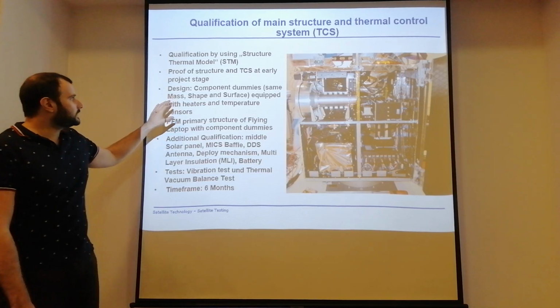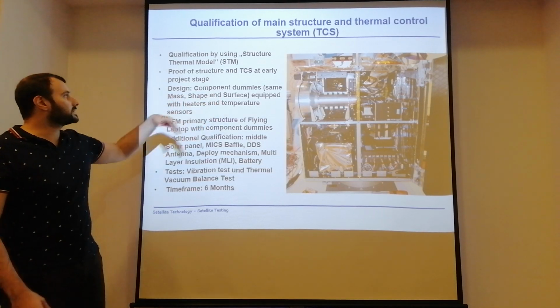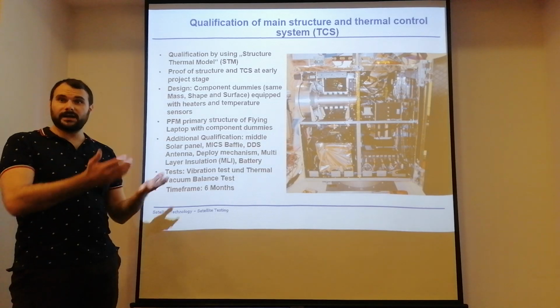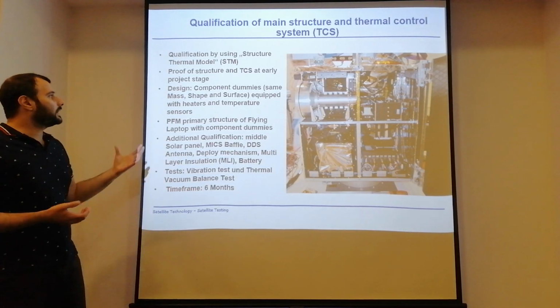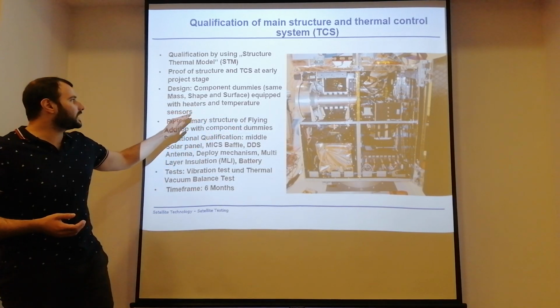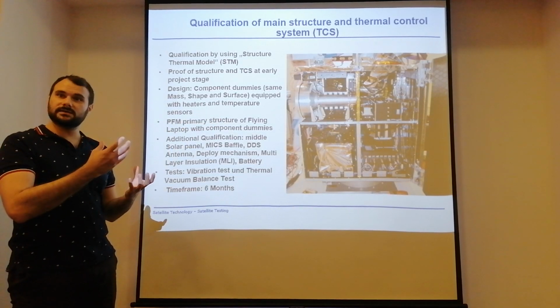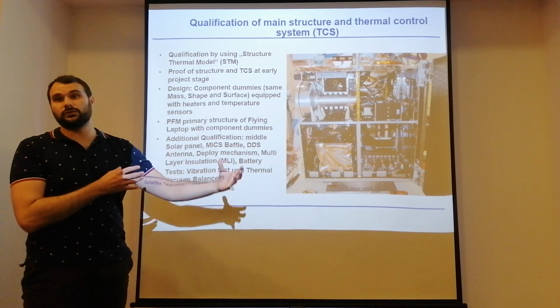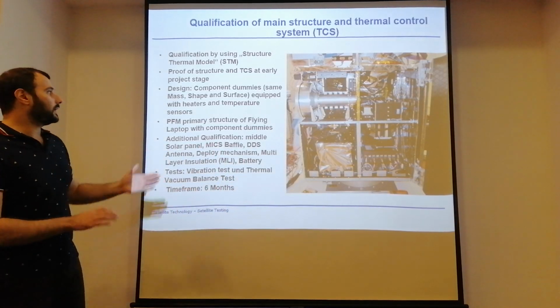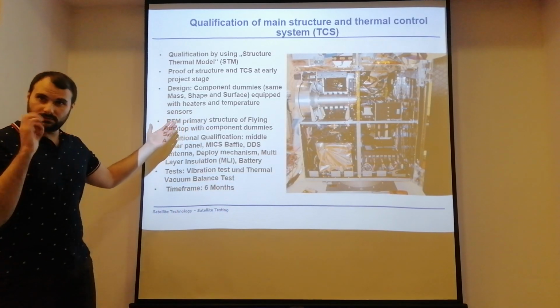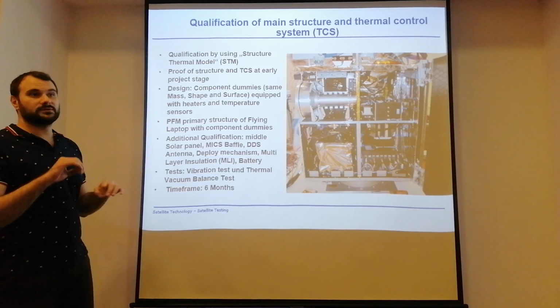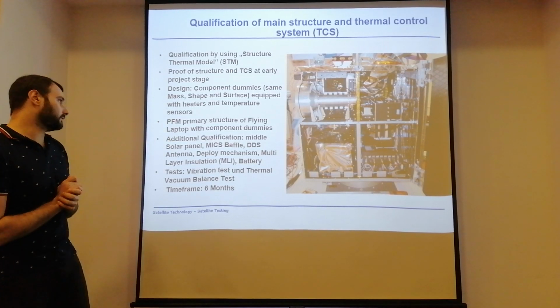And the design is that we have component dummies with the same mass, shape, and surface as the later-on unit. And those are equipped with heaters and temperature sensors. So we can heat the unit from the inside so it behaves like the later-on unit. And the sensors are used to determine the temperature in terms of balancing with other units and other influences.